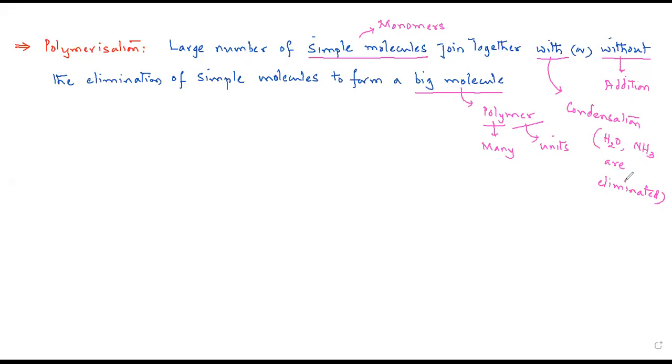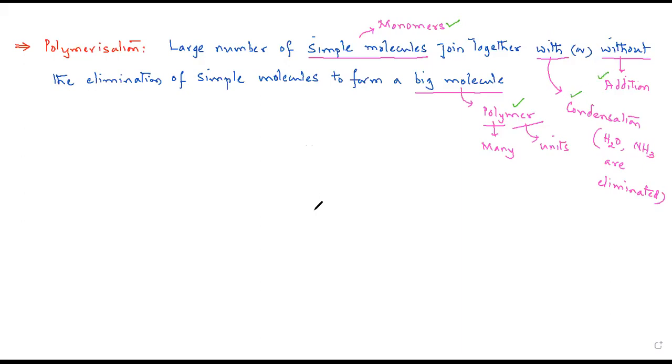A process in which a large number of simple molecules join together with or without the elimination of simple molecules. I've given so many points. The simple molecules are called monomers and the big molecule formed is polymer. There are two different types of polymerizations.